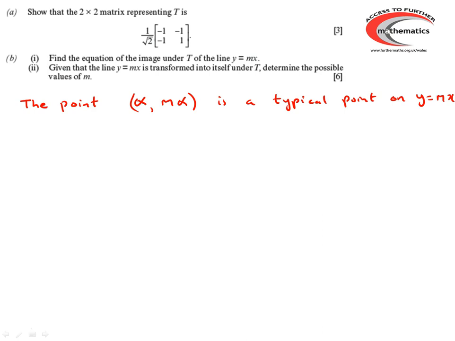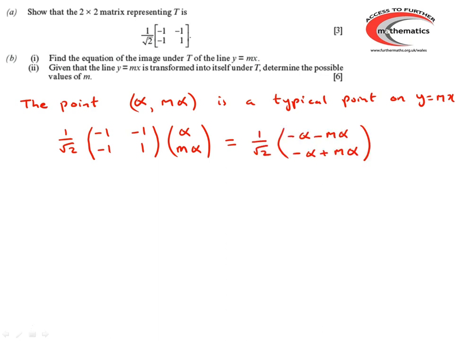If we find the image of this point by taking the matrix of the transformation and multiplying it by alpha, m alpha, then we obtain 1 over root 2 times minus alpha minus m alpha, minus alpha plus m alpha.